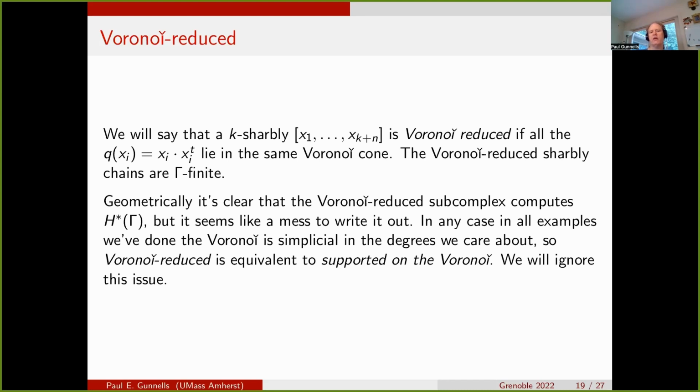If you had a Voronoi cone that was a square and you divided it in two different ways by putting the two different diagonals in, then you have to have a relation that says that the sum of two of them is equal to the sum of the other two. But in our case it doesn't matter, because when we get down at the very end, we're actually supported on the Voronoi and not just one of these potentially bad things.